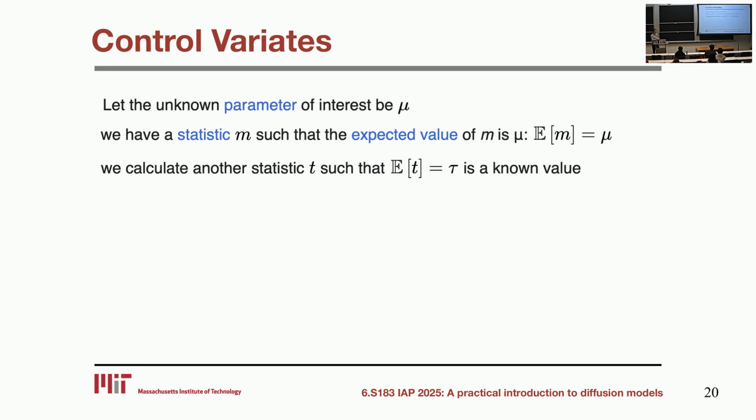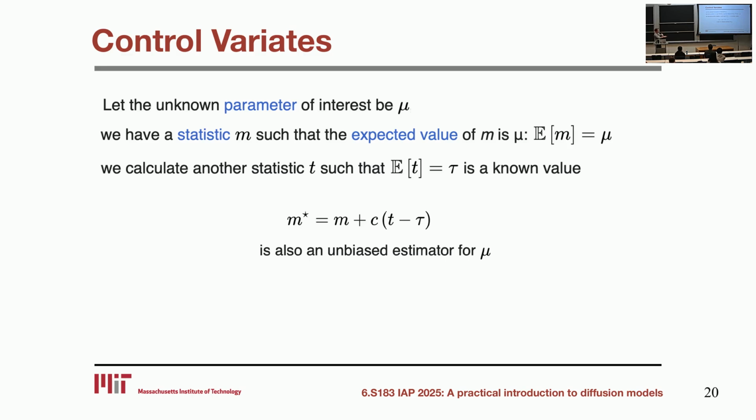If the second statistic somehow correlates with your first statistic, you can use this information about correlation to denoise your mean estimator. In particular, if you know the mean of the T samples, you know that if you take one of the samples M and add a constant times a sample T minus its mean, on average it's not going to change the mean of M, right?